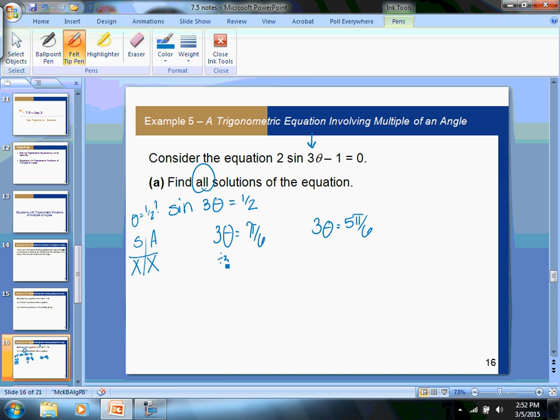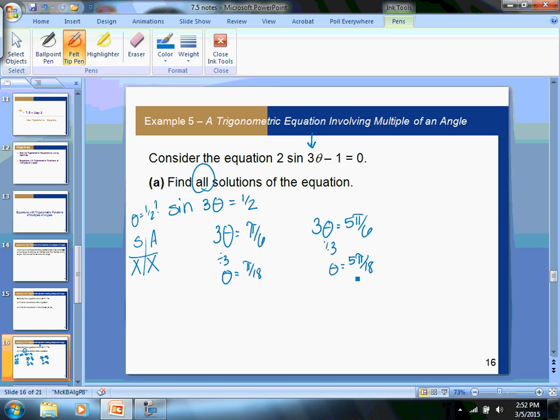So I'm still going to divide by 3. So theta now will equal pi over 18, or theta will equal 5 pi over 18. Okay, so these are going to be my principal solutions.